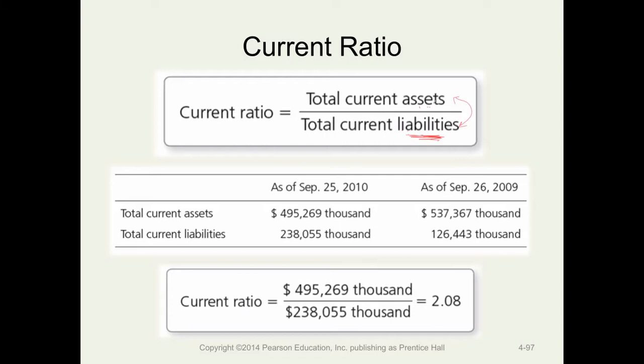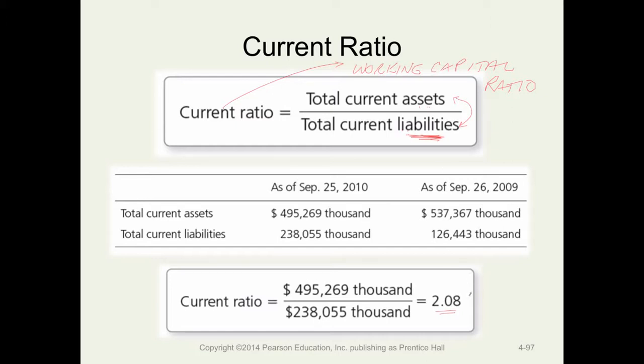So for example, if you had $495,269 of current assets at September 25th of 2010, and you had $238,055 of liabilities that are current at that same point, your working capital, or your current ratio, and this is also called the working capital ratio, which I'll get to in a second, is 2.08.